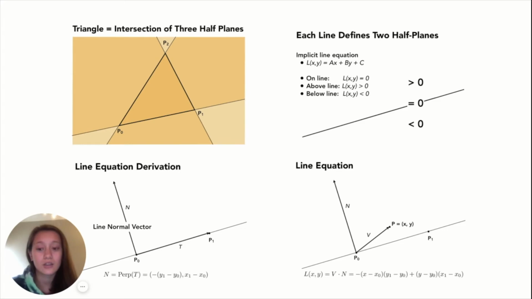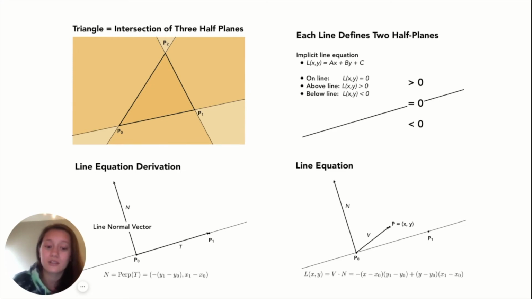Well, we look at a specific line, say P0 to P1, and if our pixel is above this line, or below, depending on what kind of line it is, then we know that the pixel is not in the triangle, or it could be in the triangle. So how do we determine which side of the line this pixel is on?